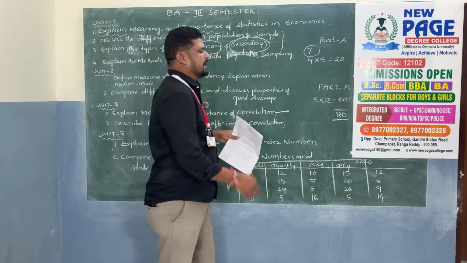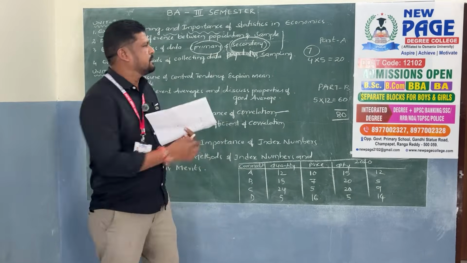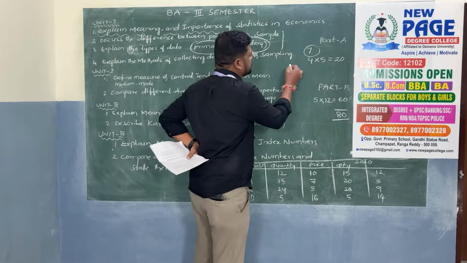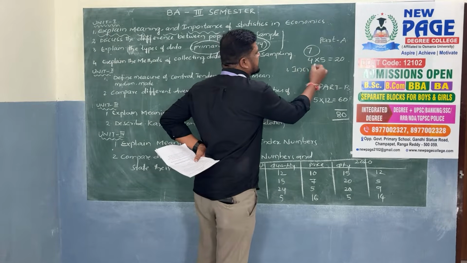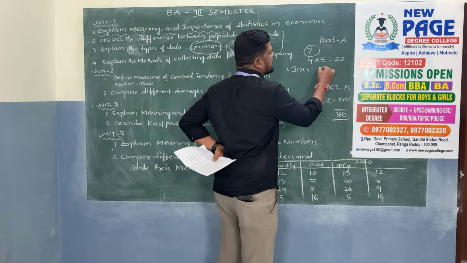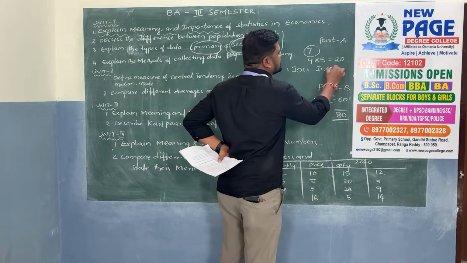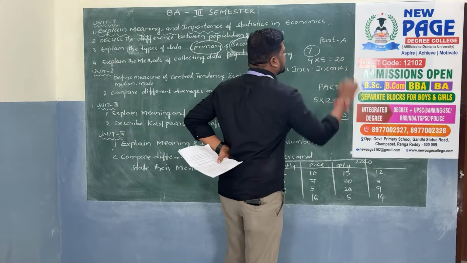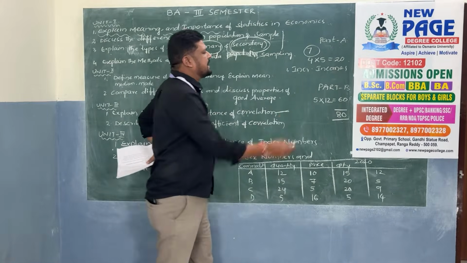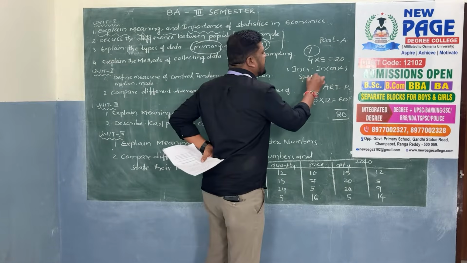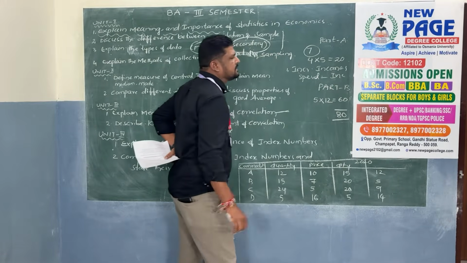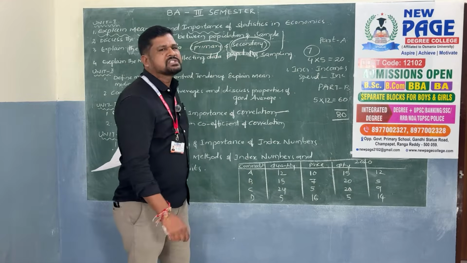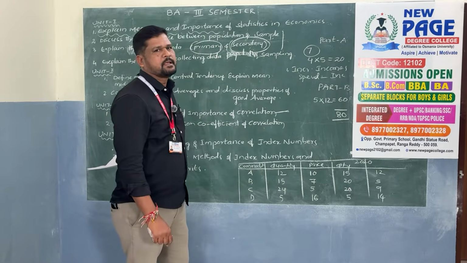For example, when incomes increase, spending also automatically increases. So this is called positive correlation.